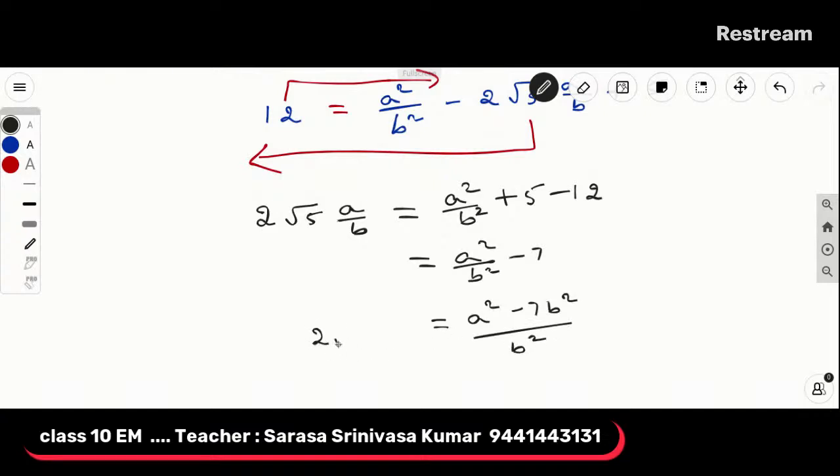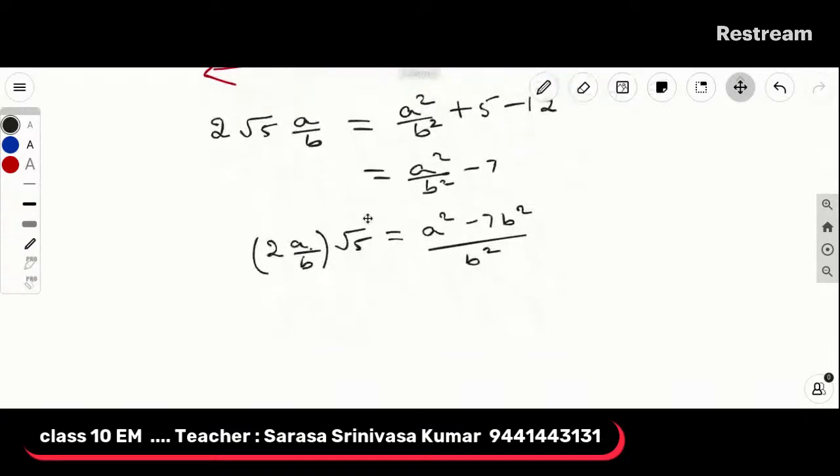So 2 square root of 5 a by b is equal to (a square minus 7b square) by b square.